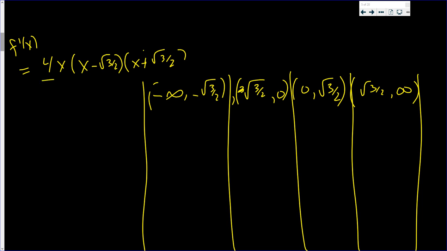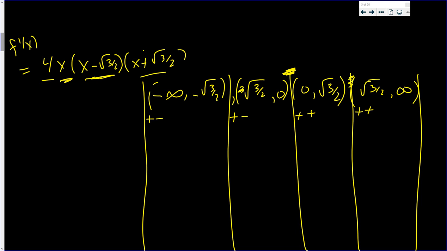Now, this is a product of 4 factors, the derivative. And 4 is always positive. X is only positive if we're to the right of 0. It's negative otherwise. This is positive if x is bigger than the square root of 3 over 2.